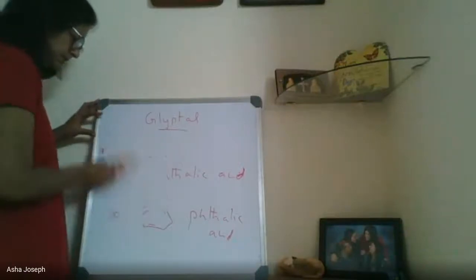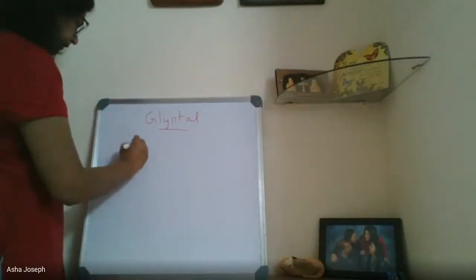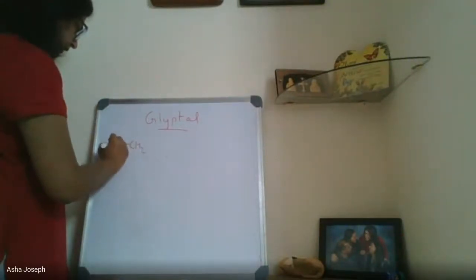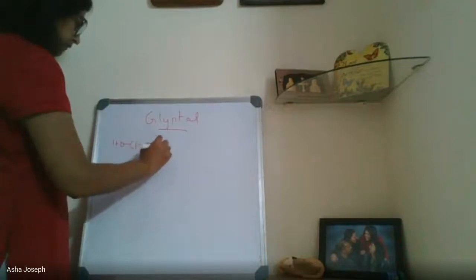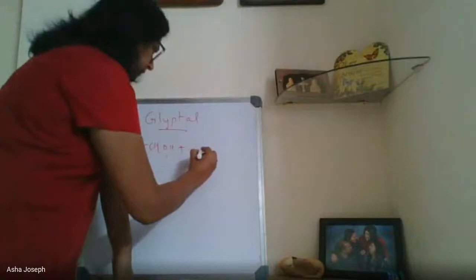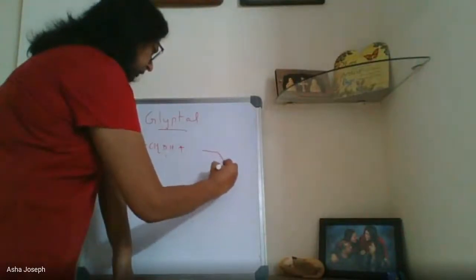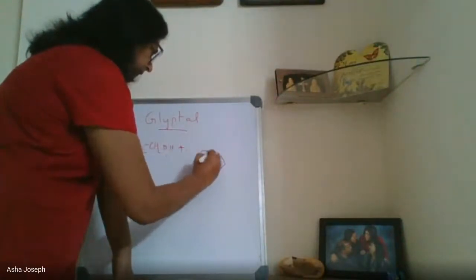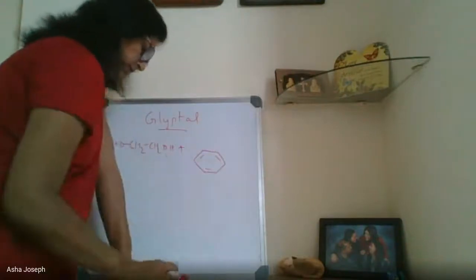Yes, ma'am. Okay, now I will write the polymer. So, ethylene glycol, CH2OH, CH2OH. Now this phthalic acid, I will be writing like this. You can write in any way. So, written down.